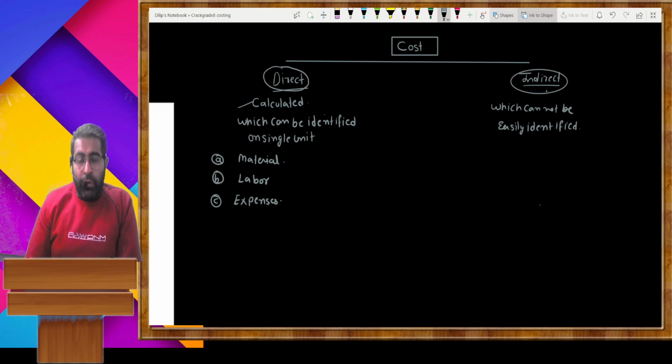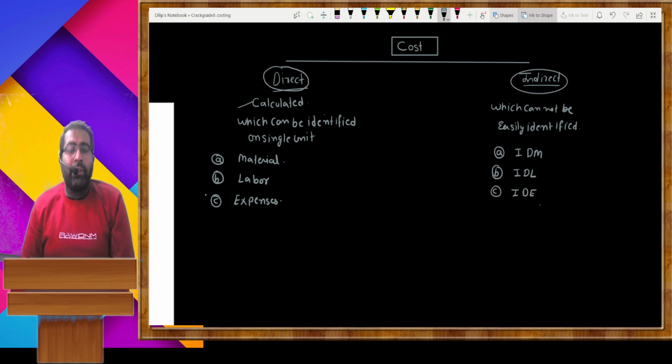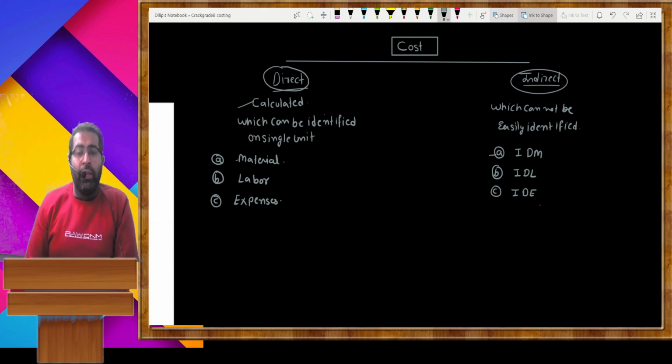Indirect costs are also divided into three parts: indirect material, indirect labor, and indirect expenses. For stitching a shirt, cloth is a direct material, but the thread and buttons are indirect material.